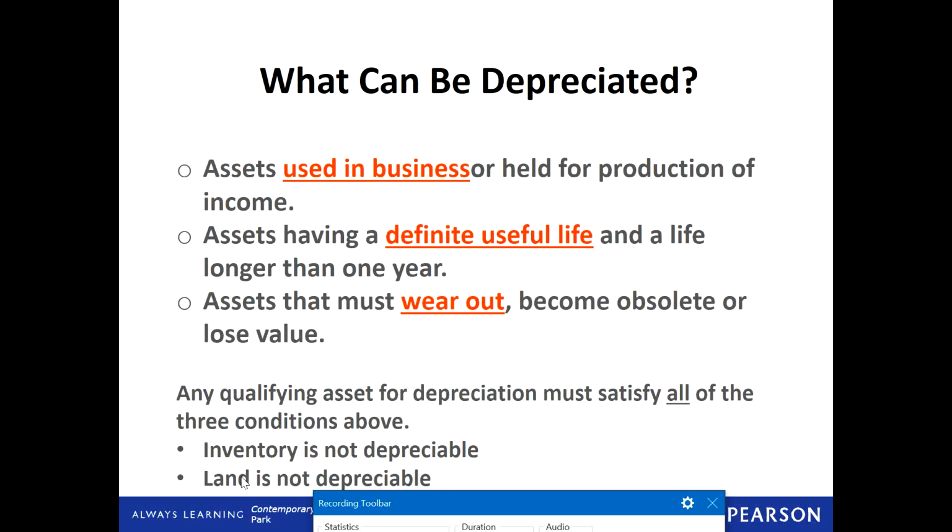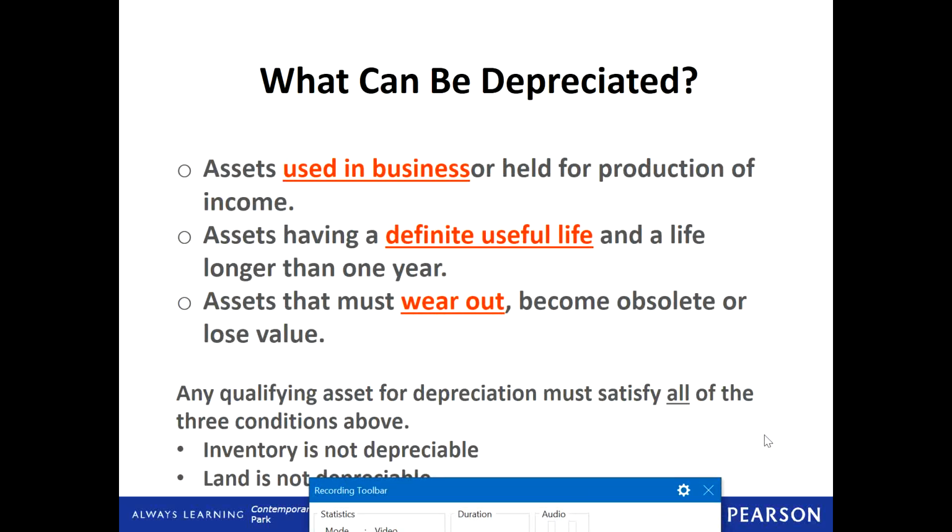Land is land. Land is going to stay there. Yes, a building on the land is depreciable, but land itself is not depreciable. So this is very important. Land stays there, right? Similarly, inventory is not depreciable because it is a current asset, right? Okay, so any asset which satisfies these three conditions is the one which is going to be depreciated.